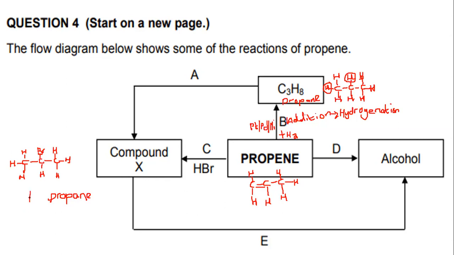So the lowest numbered carbon that this bromine can be at is carbon 2. So I'm going to indicate there I have a bromo and I will indicate it's on carbon 2. And then between a letter and a number, I know that I have to put a hyphen. So this is 2-bromopropane. And the reaction is balanced.